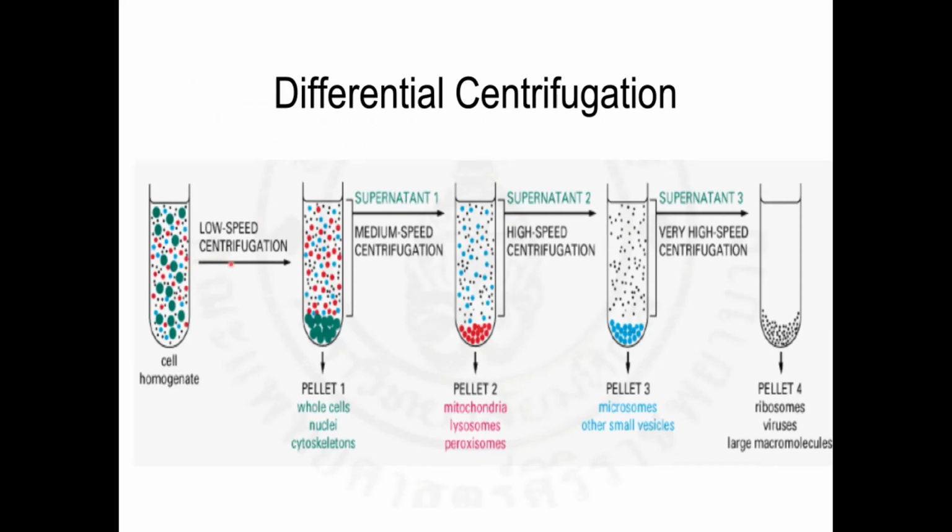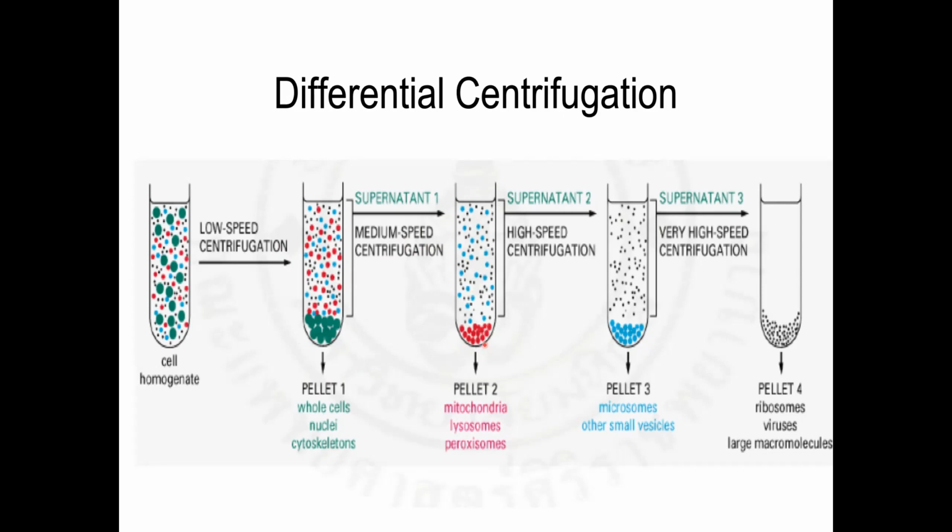And you apply a low-speed centrifugation first, like we have said before. You remove the whole cells, the nuclei, and the cytoskeleton aggregates. This is what I called before the post-nuclear supernatant, because here the nuclei would be, and here is the post-nuclear supernatant.